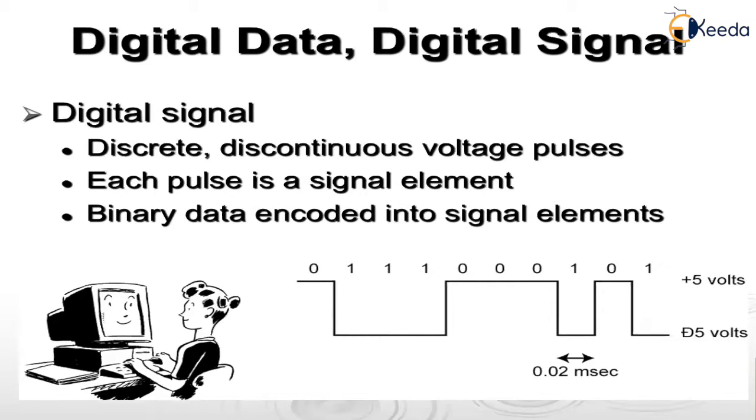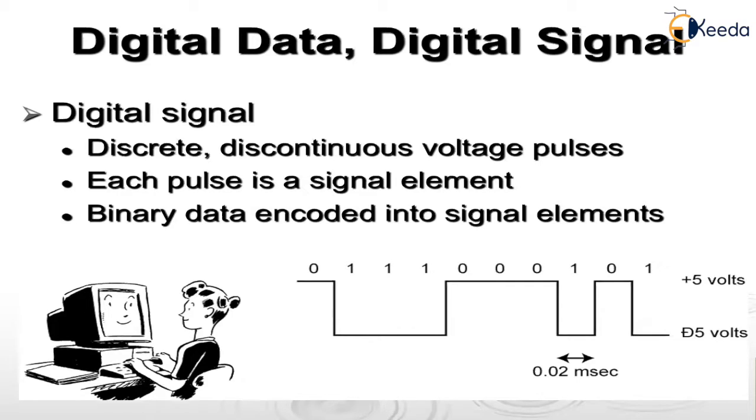Each pulse is a signal element. Binary data are transmitted by encoding data into signal elements. In the simplest case, there is a one-to-one correspondence between bits and signal elements. More complex encoding schemes are used to improve performance by altering the spectrum of the signal and providing synchronization capabilities.